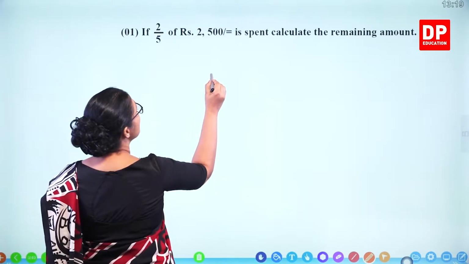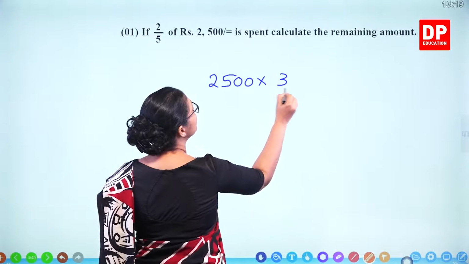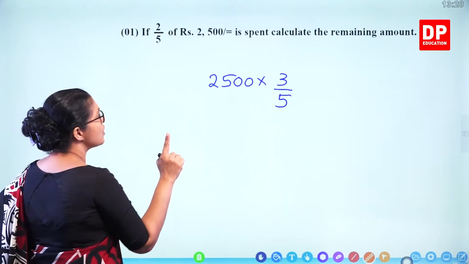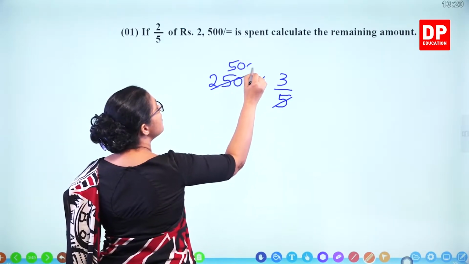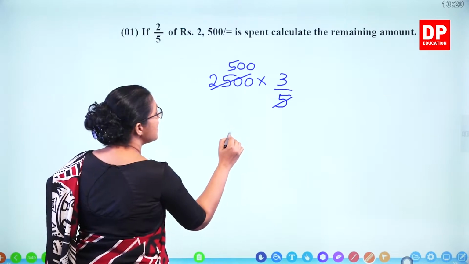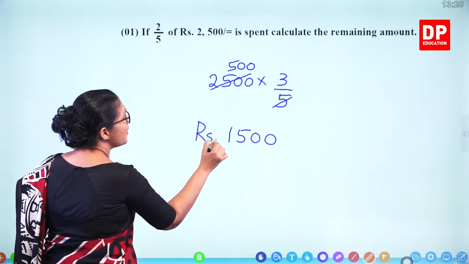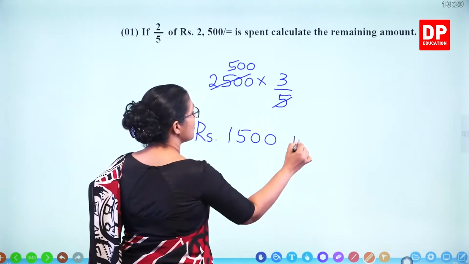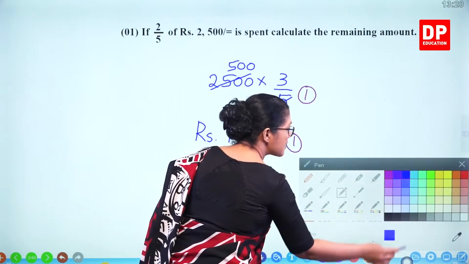So you can straight away find 2,500 into 3/5 because they are asking only the remaining amount. 5 times 500, 500 times 3, 1,500 rupees. So 2 marks for each question. 1 mark for the method and 1 mark for the answer.